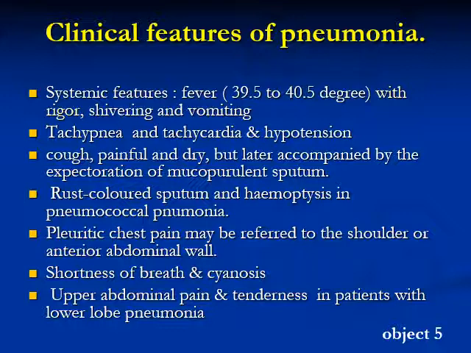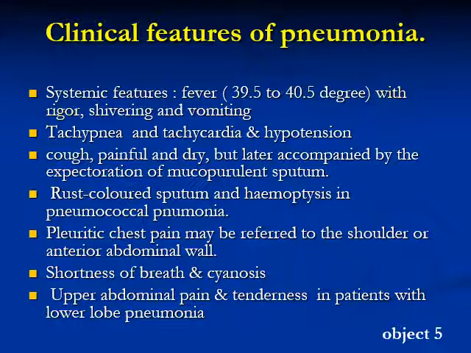Then we come to the clinical features of pneumonia. As I mentioned, pneumonia is acute inflammation of the lung parenchyma. This acute inflammation, caused mainly by infection, leads to systemic manifestations, mainly fever.